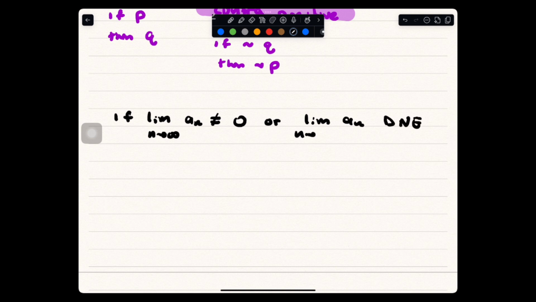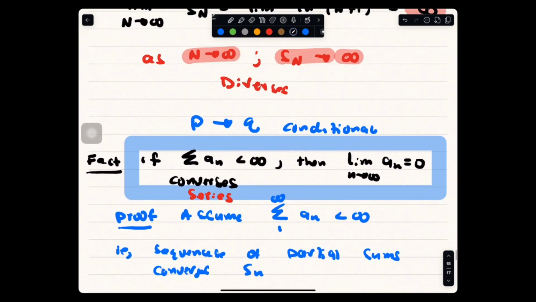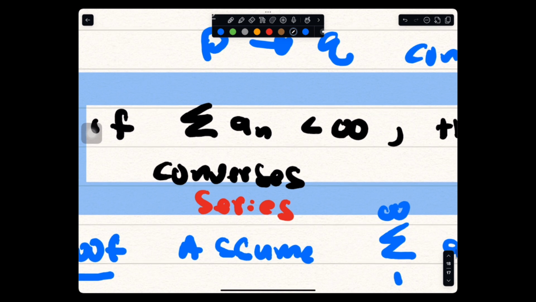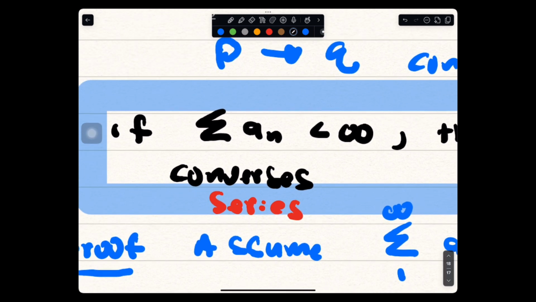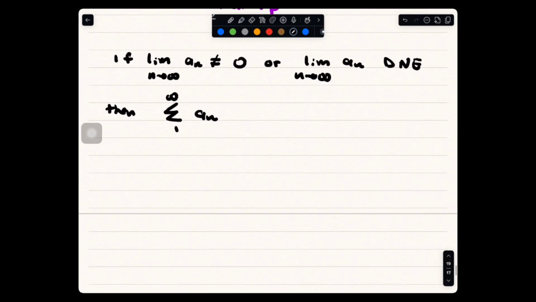That's an important detail. That's the contrapositive. Then what could we say about the series then? Well, what's that negated statement? Negate P. What's the negation of convergence? It's divergence. Okay? So we have to negate convergence of the series. Then we can say the series diverges.